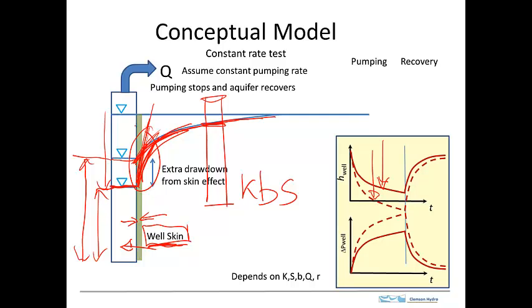And what that means is that there can be problems with analyzing the data from the pumping well as a result of the skin. But if we step away from the pumping well and get data from the monitoring well, those data will not be as affected by well skin. So that's going to be an important reason for using the monitoring well as a source of data for analyzing this signal that allows us to determine the properties of the aquifer.